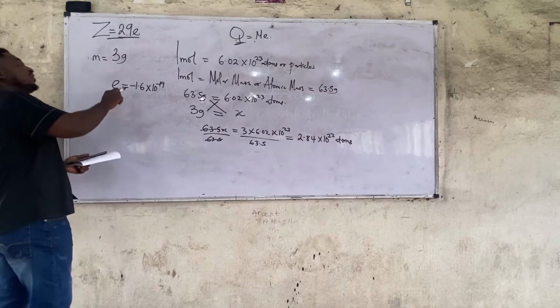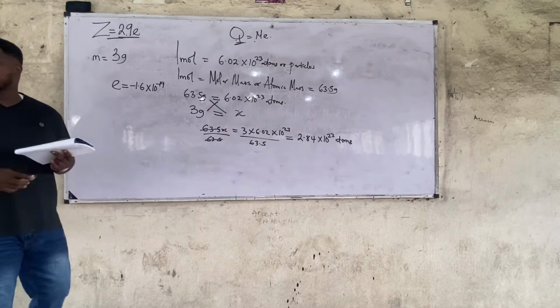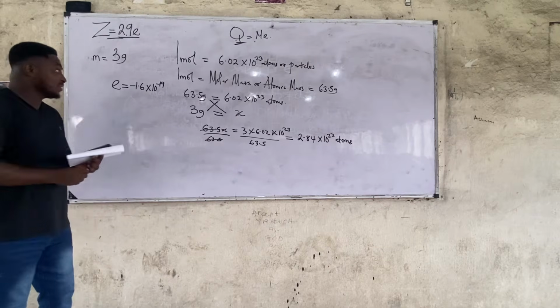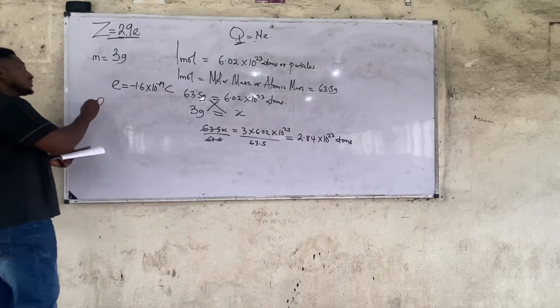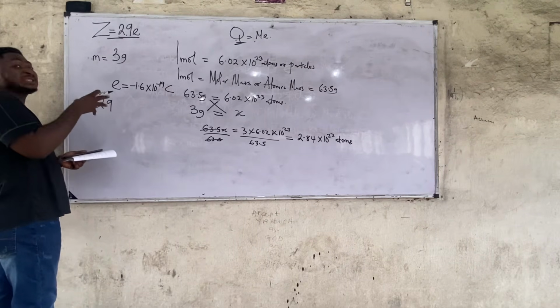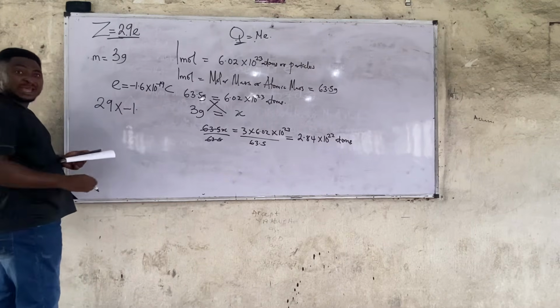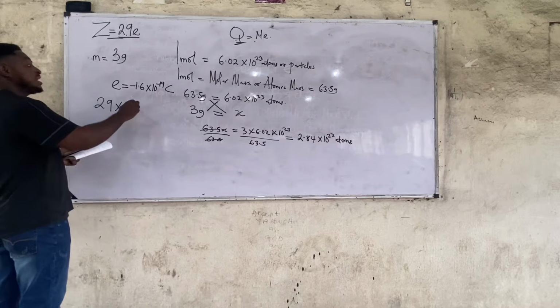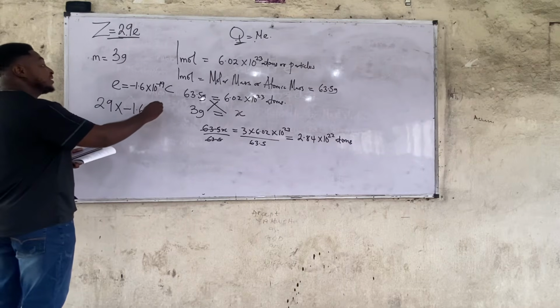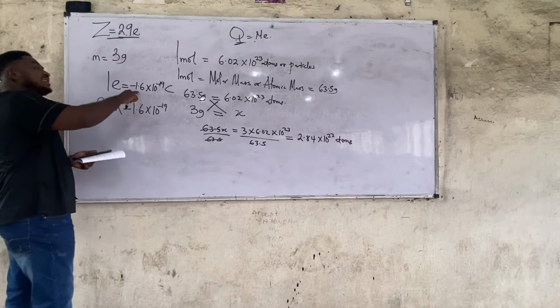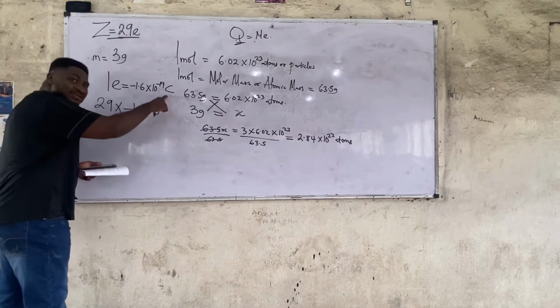So, if the charge of 1 electron is minus 1.6 times 10 raised to minus 19 Coulomb, what of 29 electrons? What will be the charge on 29? 29 times minus 1.6 times 10 raised to minus 19, because for 1 electron it is this. What of 29? That will be 29 times this.